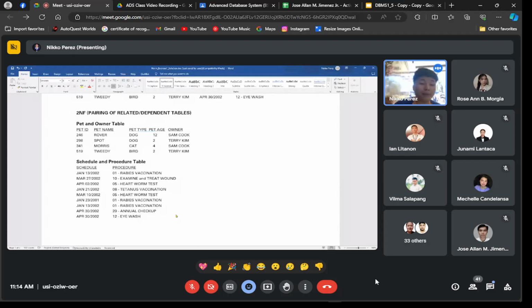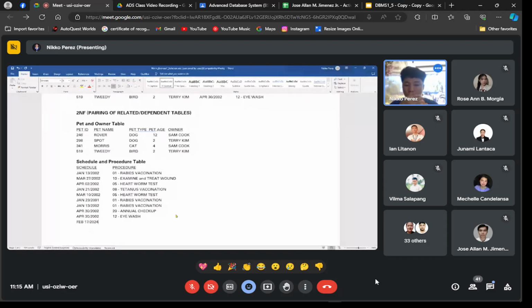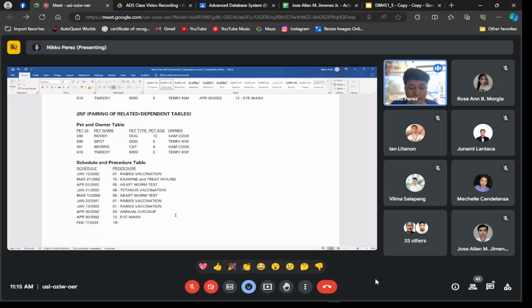Let's say, for example, two pets availed of it on, for instance, February 17, 2024. Then the procedure is hair salon. Hair wash, like that. Or an eye wash or hair wash as well.